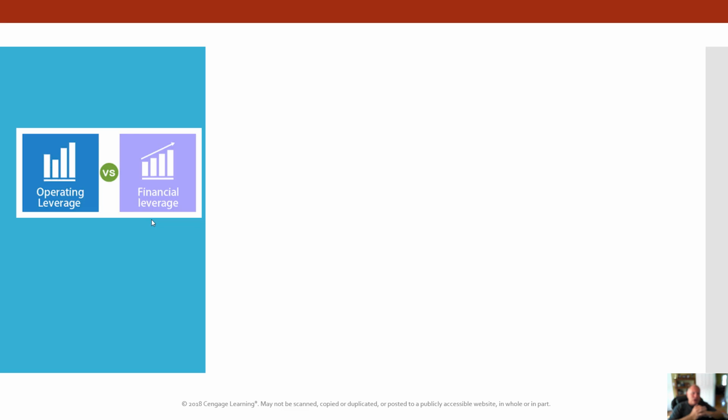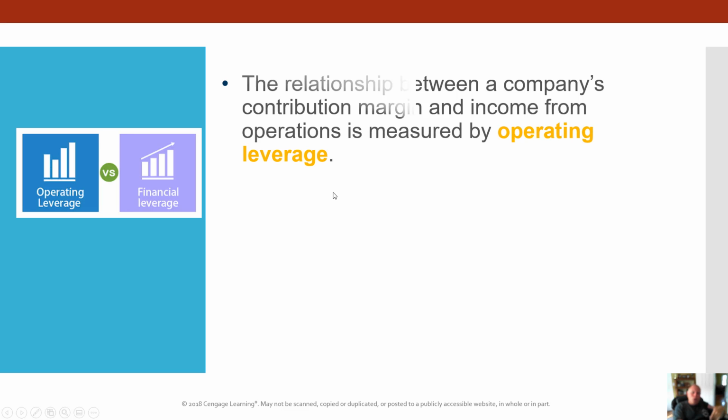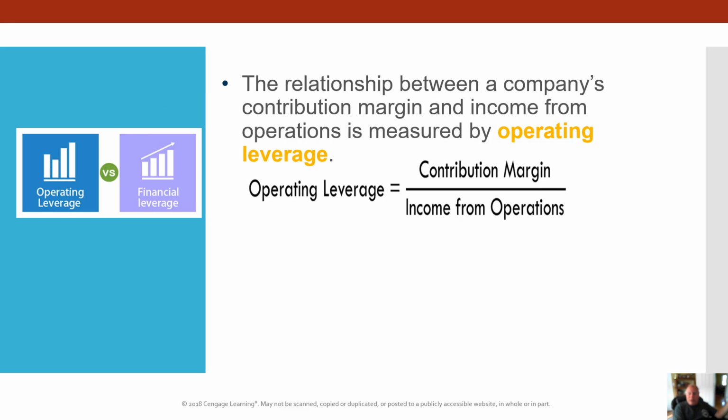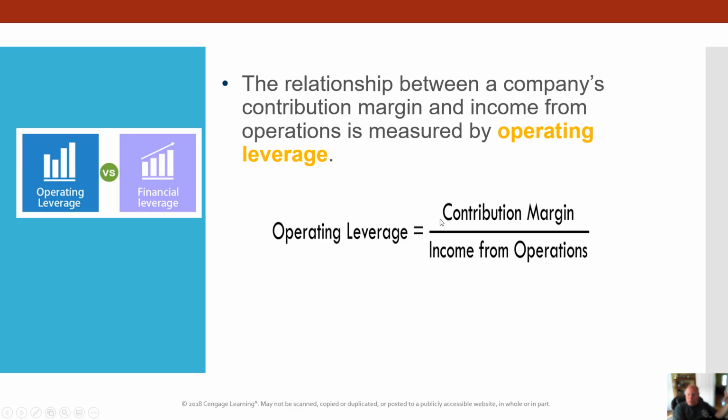Operating leverage, on the other hand, is related to what we're talking about. It's the relationship between the contribution margin and income from operations. So we're looking at how we have leveraged these fixed expenses, essentially. And we use the terminology operating leverage, and that is the contribution margin divided by income from operations.